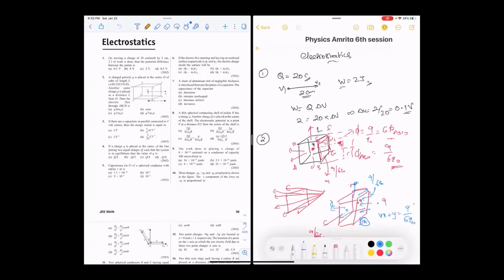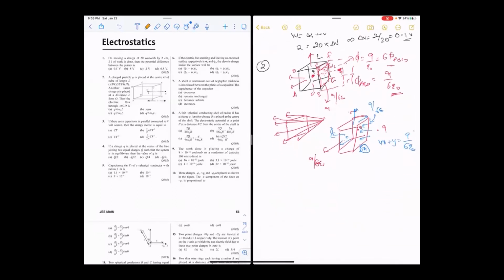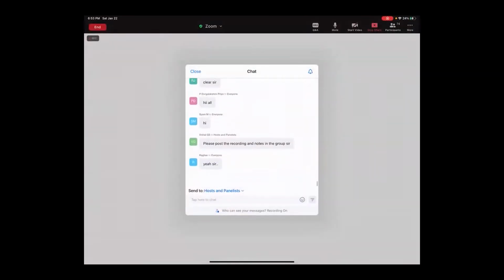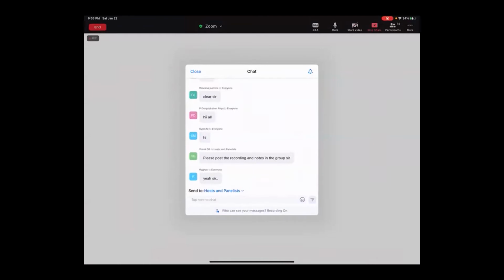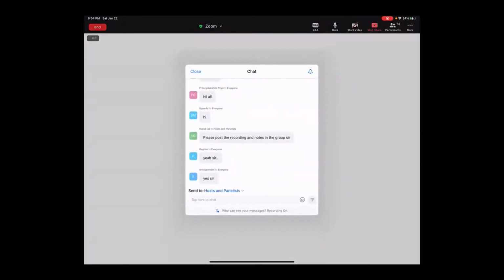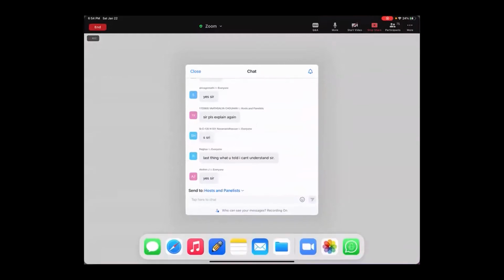Are you able to understand? Yes or no? Very logical question, so I'm trying to. You can just type yes, sir. Raghav, are you able to understand me? Or am I not getting the chats? Right, Shivangi. Please explain again. Okay, the last thing you told, I can't understand. Okay.